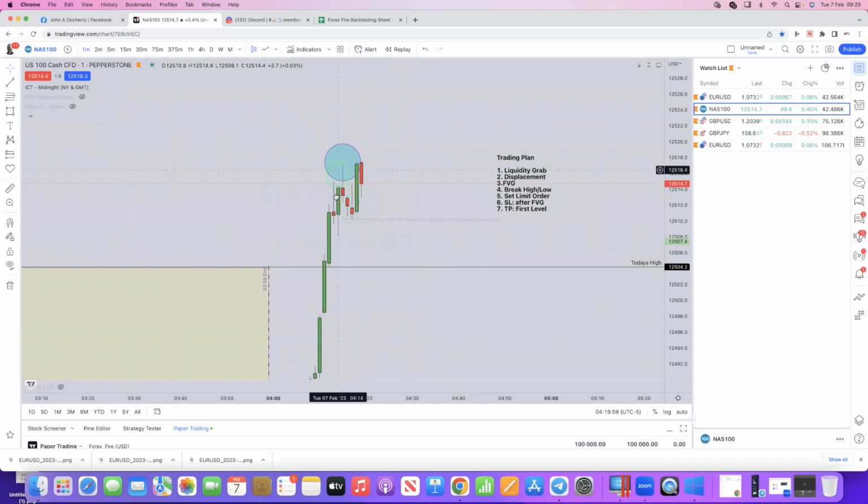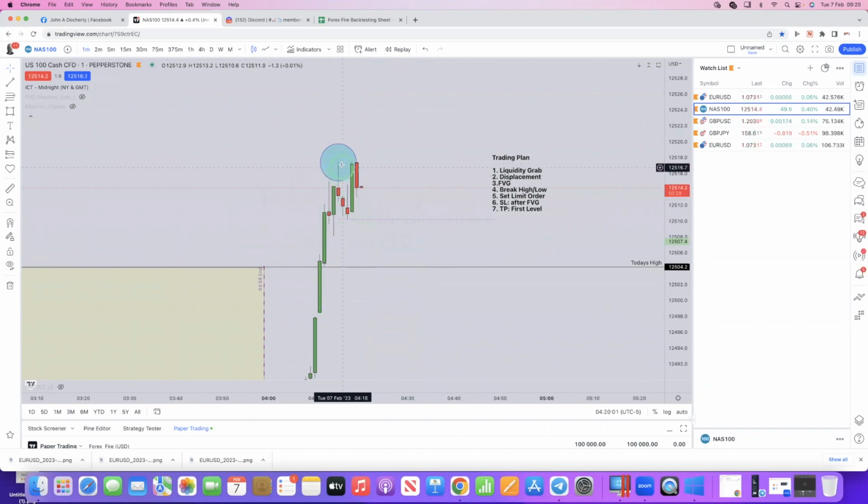As it's pushed up here and taken this liquidity, it's come down to pull back to create liquidity on the sell side. It's then come up to try and take out the liquidity on the high side, and it's just took it there. So that is now taken this liquidity. This is still what we would call the liquidity that was made.